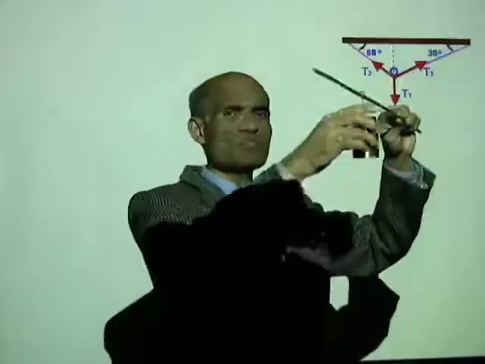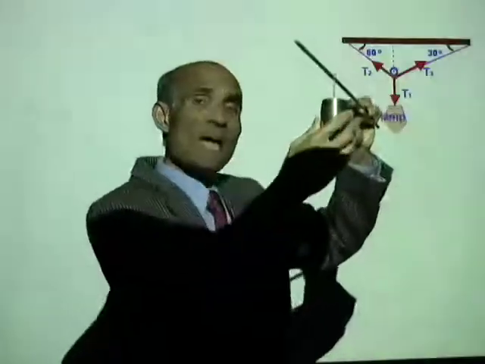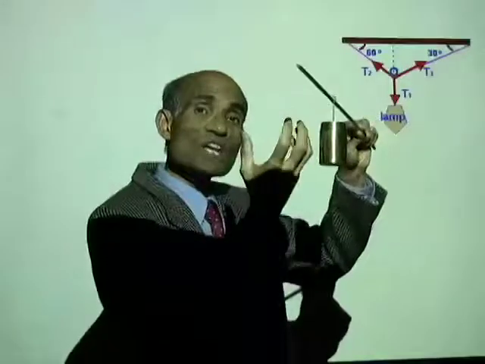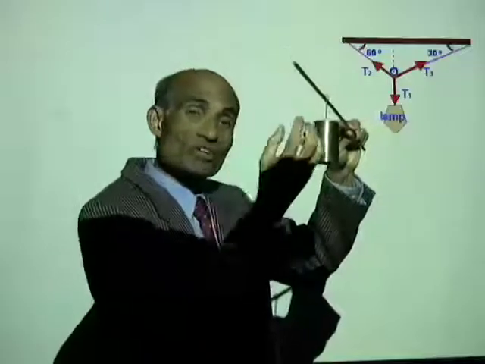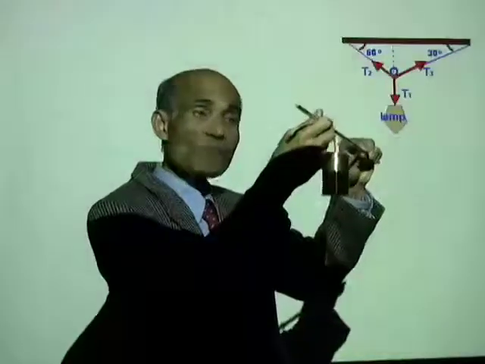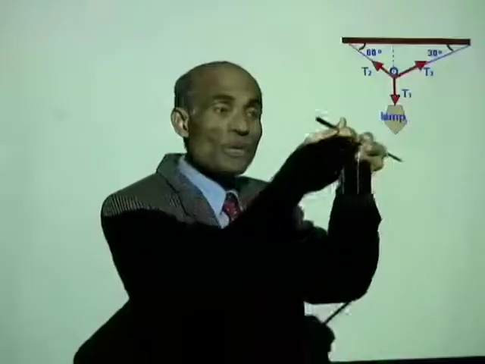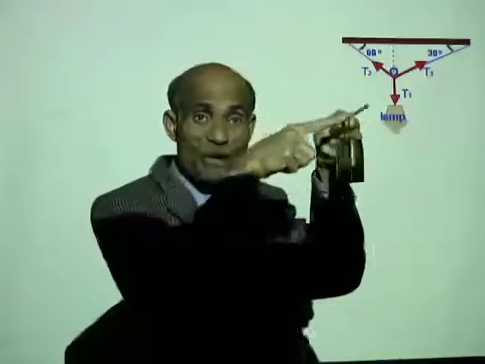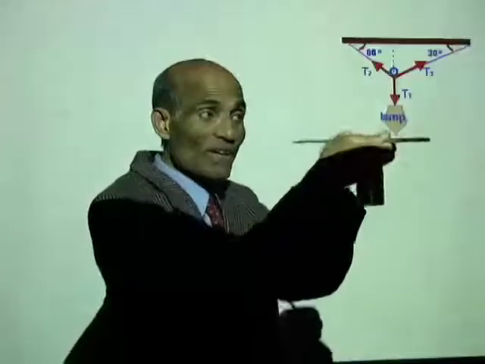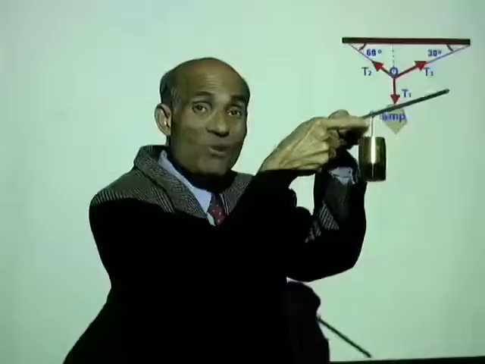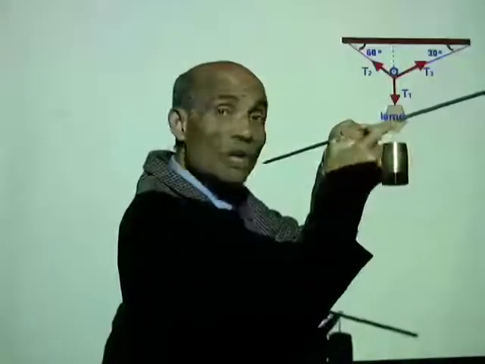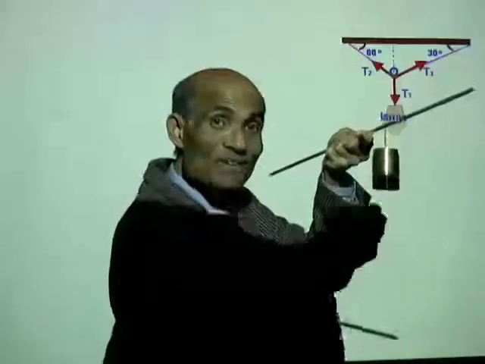Now, if you notice in here, let's watch this one. When this mass is hanging, the tension on this cable is upward because it is balancing the weight of the mass. But if you now look at the forces at this point, that tension is now downward because that force is pulling this point downward.